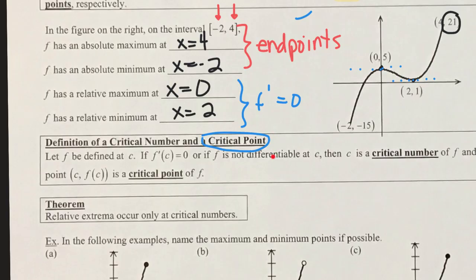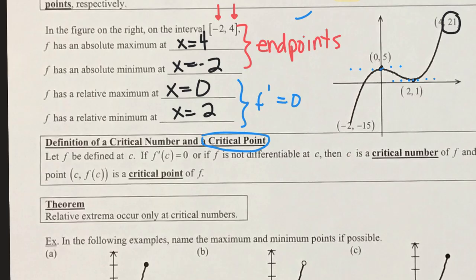A vertical tangent line would be another point where it's not differentiable. That means that c is a critical number. Okay, and then we have a critical point which has an x and a y value. So points have two parts, an x and a y, where a critical number is just the x value.